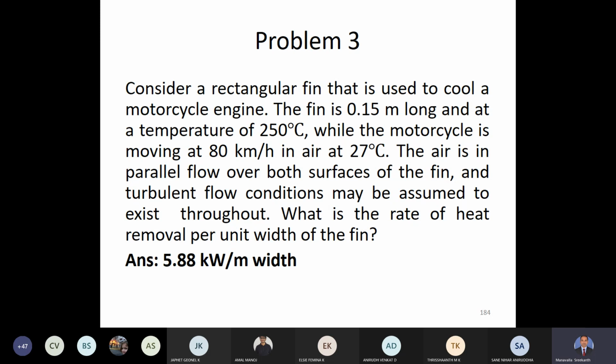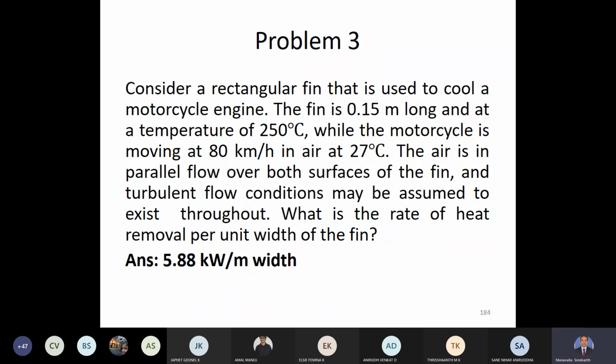So this problem also is a problem of a flat plate. Remember, fins are not necessarily flat. If you take the cross section of the fin, it's a kind of conical shape with a flattened tip.